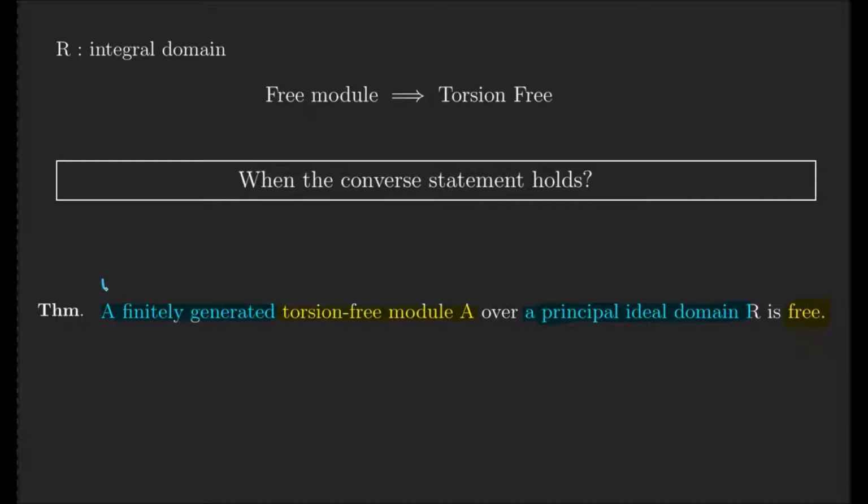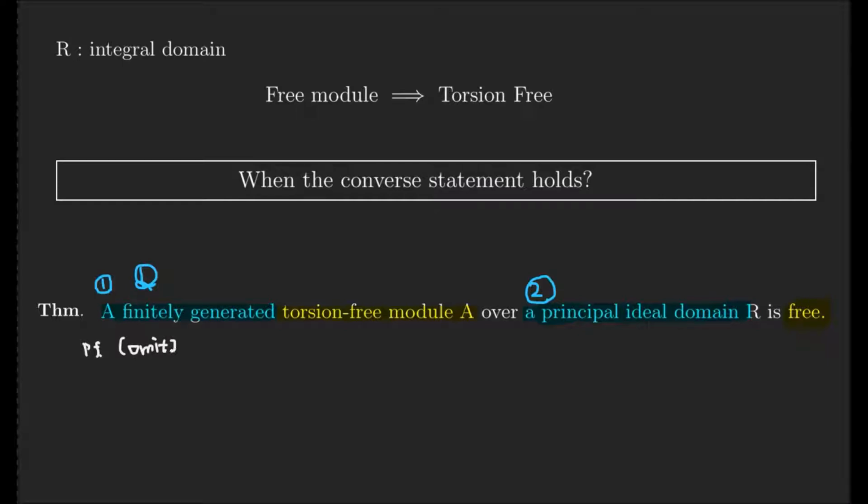In the case of the rational number Q, which is non-free, it does not generate with a finite set, so the finitely generated condition is necessary. And over a principal ideal domain, this condition is also important. When these two conditions are given, then every torsion free module A is free. I'll not prove this statement.